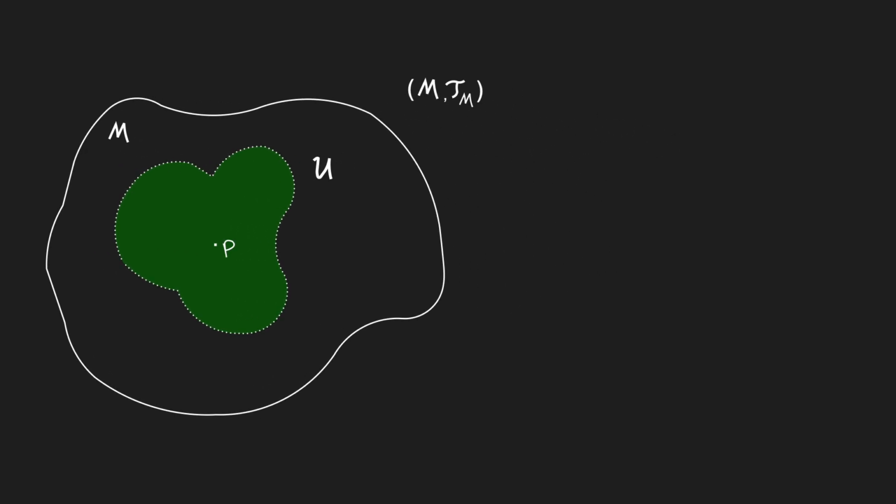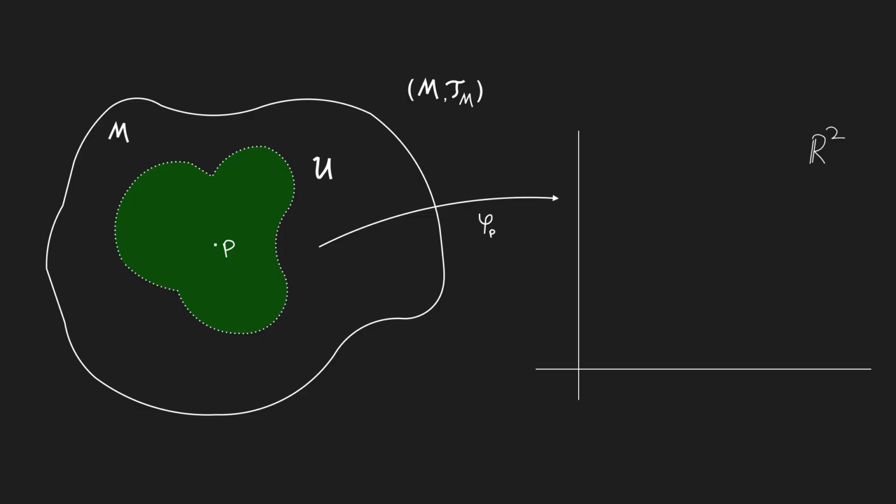So let's now look at what makes a manifold a manifold. Besides having a topology defined on it, what makes a manifold unique is this: consider an open set U of the manifold. You take a point P, and you can generate a mapping to R2 in this example.